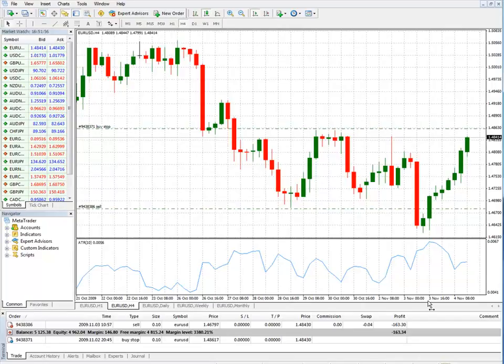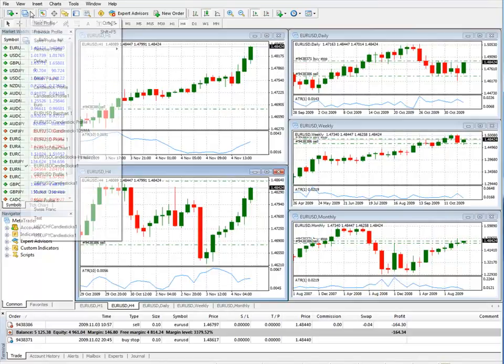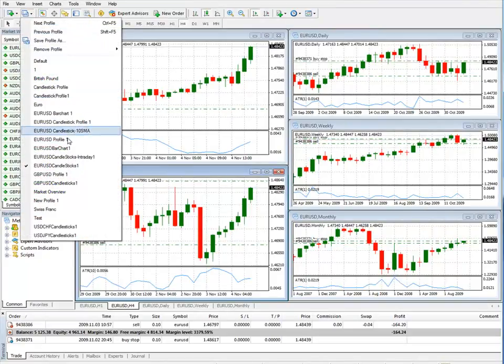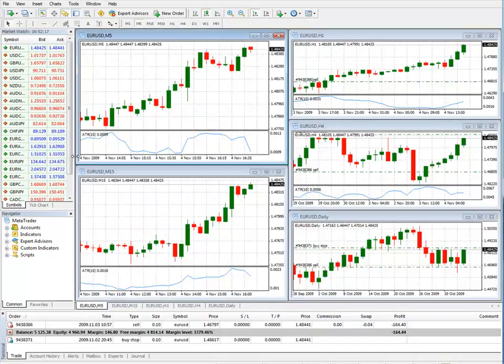So we'll leave this, close that down, and what I'd like for you to do is go over to your profiles, and remember we had a euro dollar US dollar candlesticks intraday 1, so click on that and open that up. Okay, there we are.